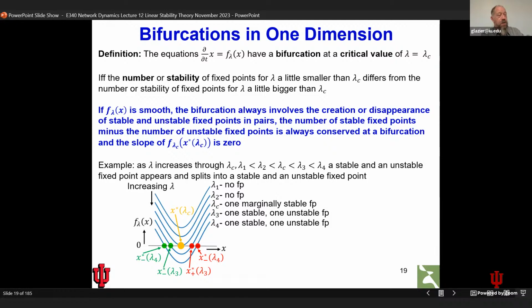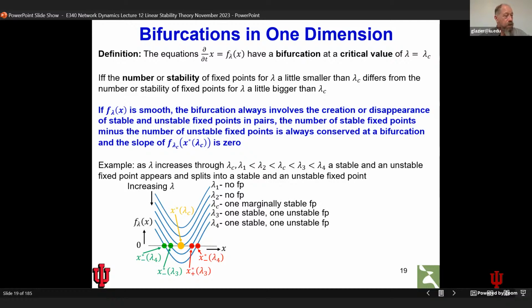F of lambda decreases. So maybe I should write f of x minus lambda would do that. So for my lambda 1, I'm up at the top here. And I have no fixed point at all. My f curve doesn't cross the x-axis at all. No fixed point. I now increase lambda a little bit.